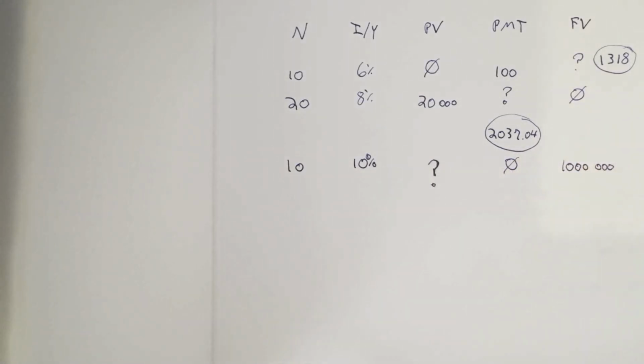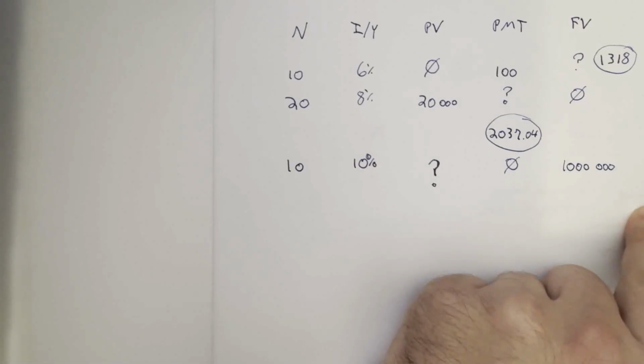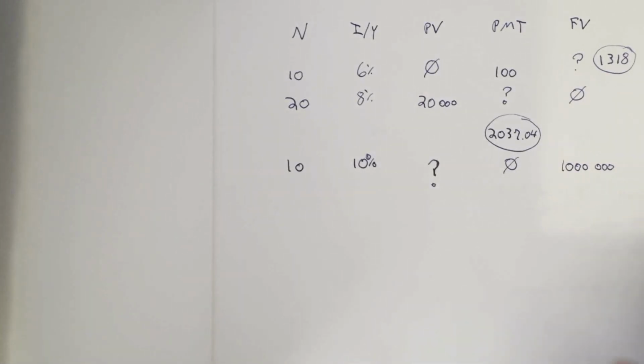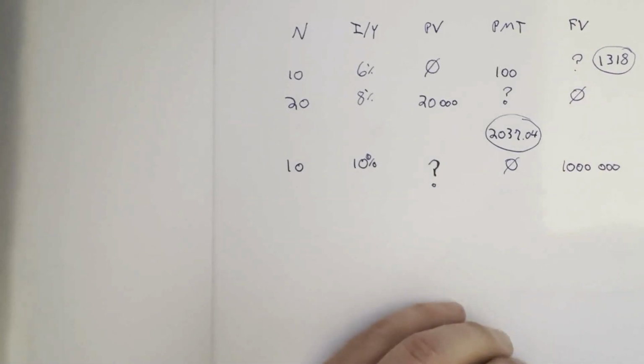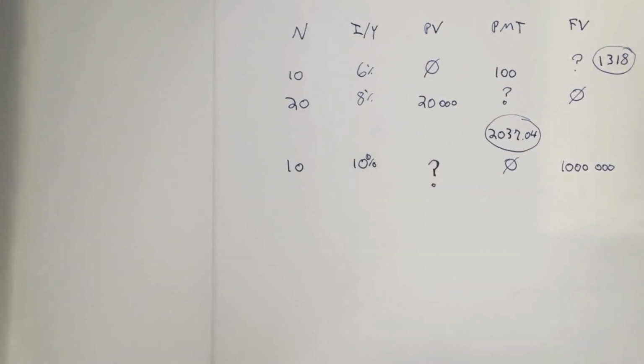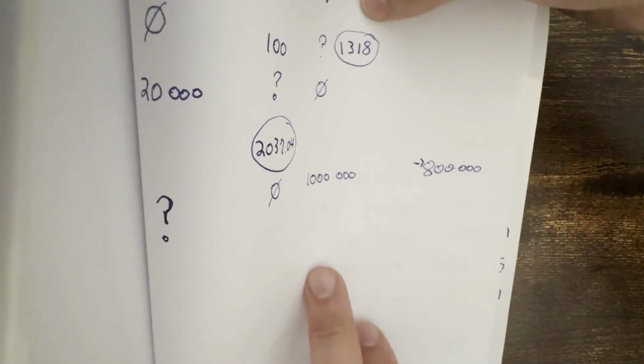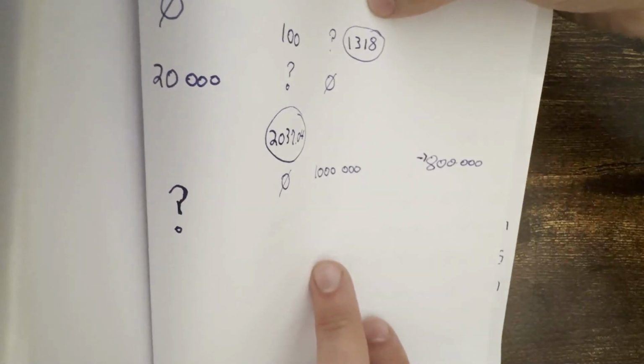Do I want to get $1 million today? Or let's say they tell me we can give you $800,000. And I have no idea. Should I take the $800,000 today? I just wrote $800,000 over here. So should I take the $800,000 today, or should I take the $1 million in 10 years?